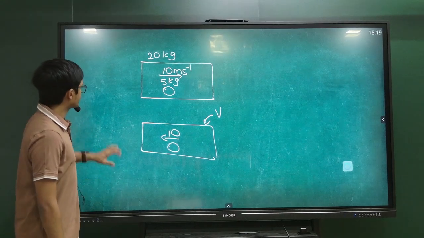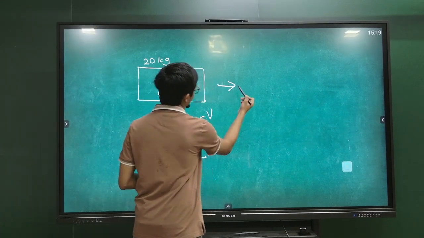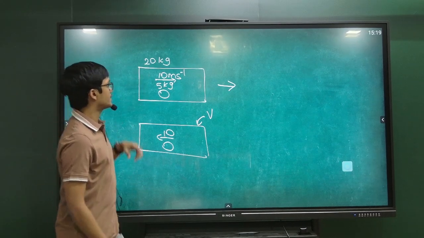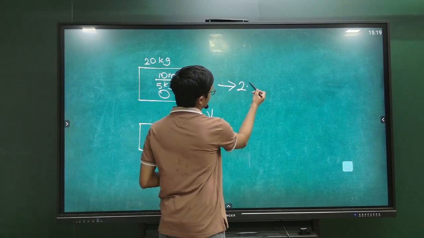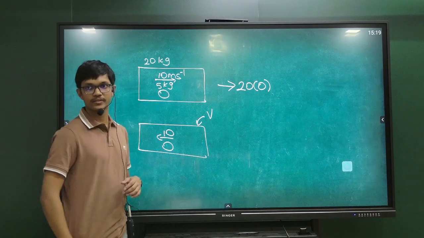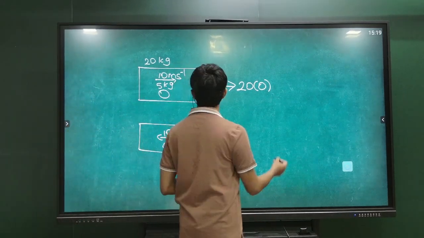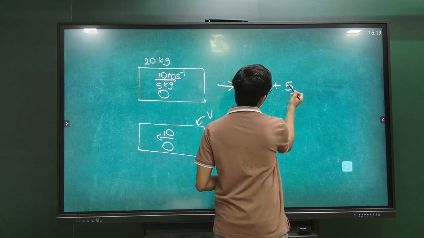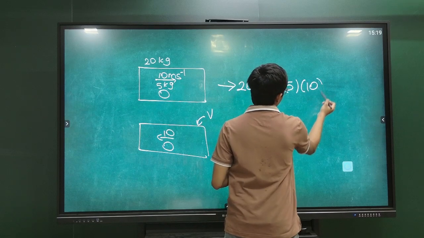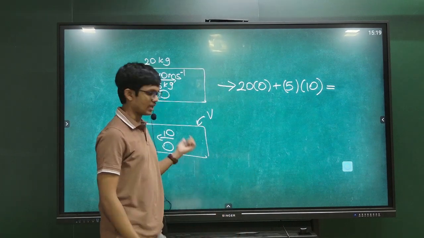So I'll first choose a direction. I'll choose this direction as the positive direction. So initially the 20 kilogram is not moving, so the momentum of the 20 kilogram is 0, plus the momentum of the 5 kilogram, with velocity 10 meters per second, equals the momentum after all the collisions.